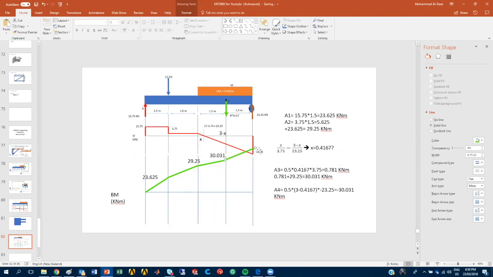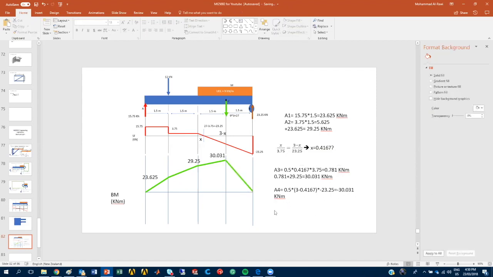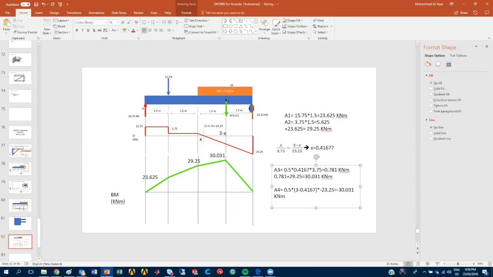So I bring this one here, I just rotate that to that point. And that's the last area which closes the bending moment, because this one is minus the value. So to check what we do: 30.031 minus 30.031 is equal to 0. That's where it's taking me to the bending moment diagram.